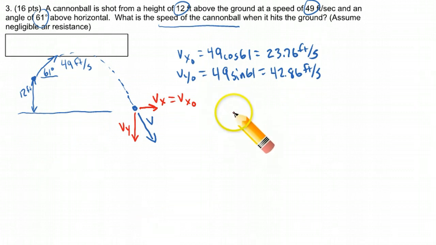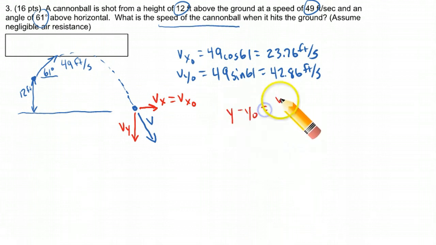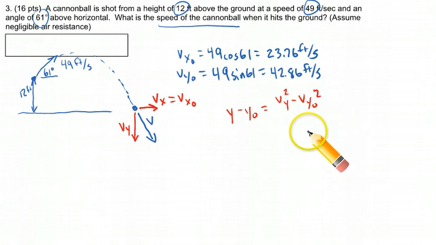We have several constant acceleration equations to work from. The one that does not include time is y minus y0 equals Vy squared minus Vy0 squared over 2 times a.